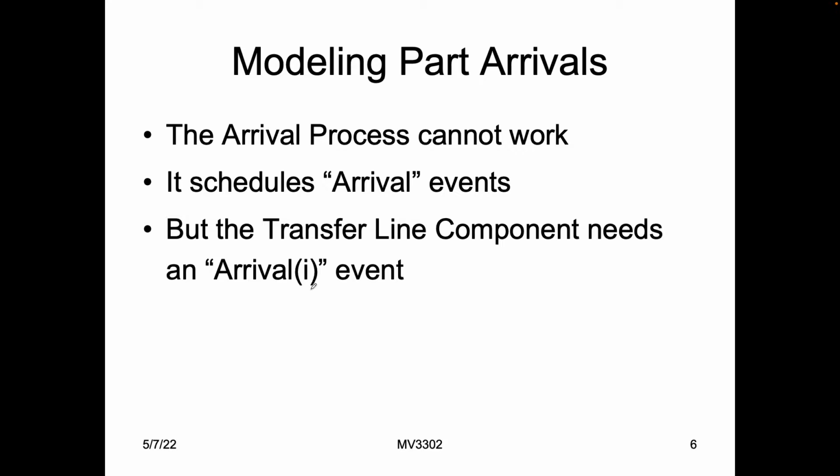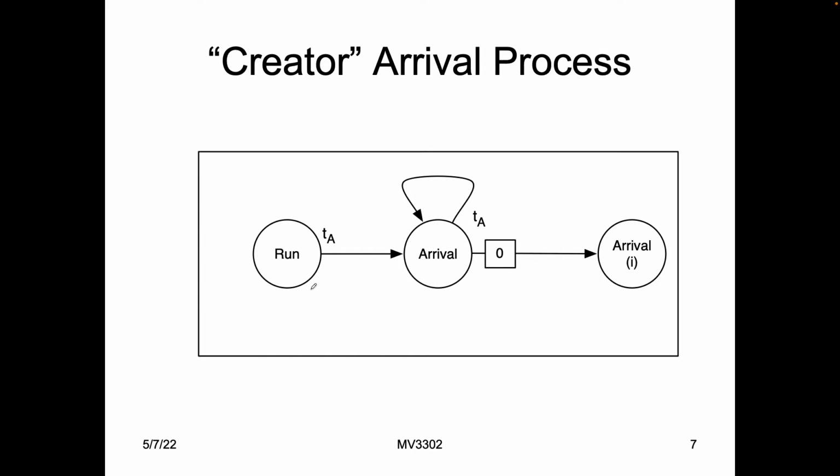Well, we need to create a new type of arrival process, and in a way motivated by our full transfer line model, we need an arrival process that can schedule an arrival event with an argument of I. And that's just a very simple one like this.